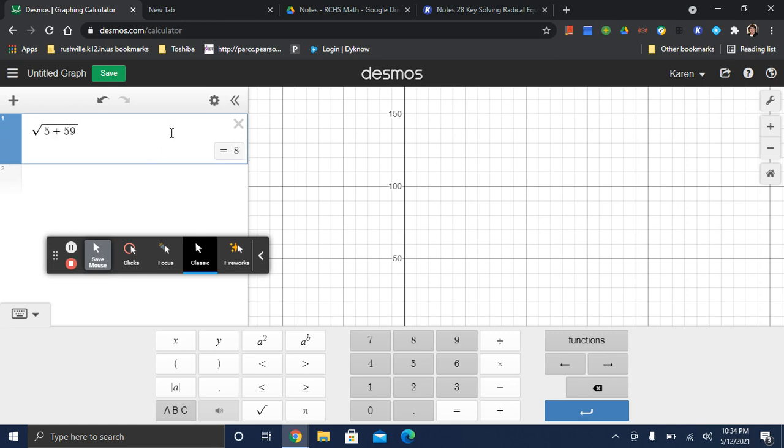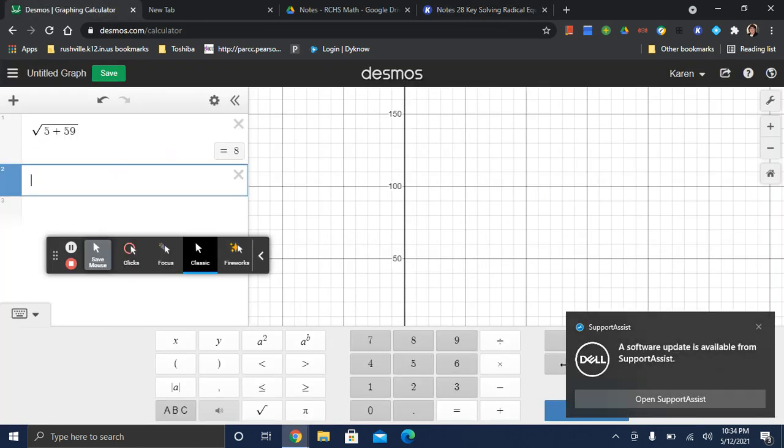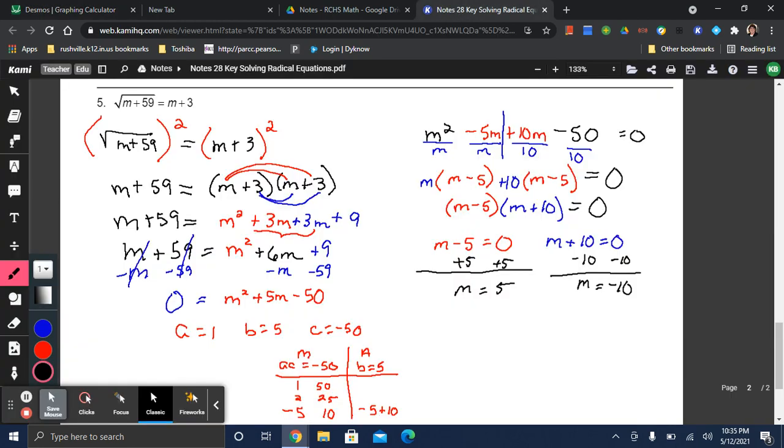So inside the square root, we got 8. And then we're supposed to check if that equals, on the other side, the 5 plus the 3. So 5 plus 3. And so we got the same answer on both. Okay, so the 5 checks.